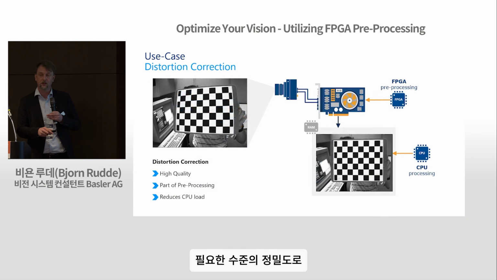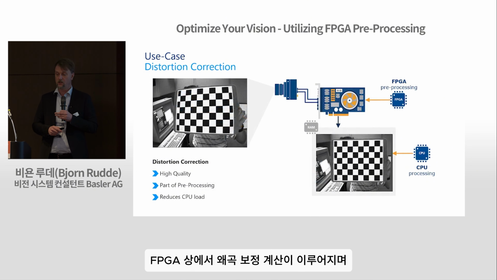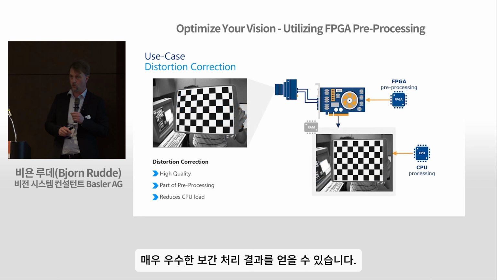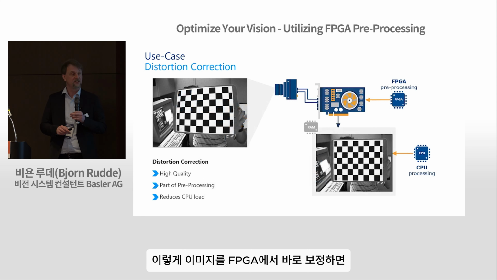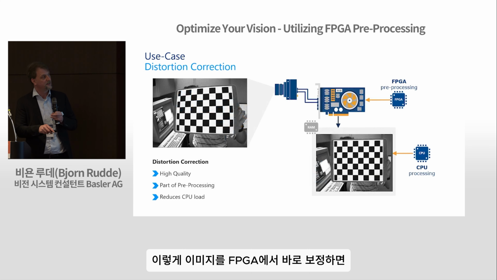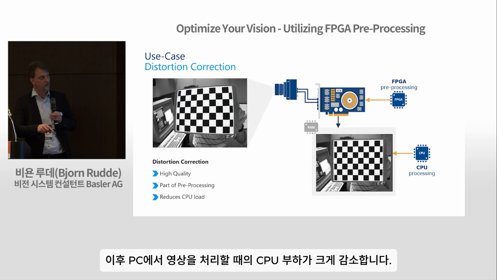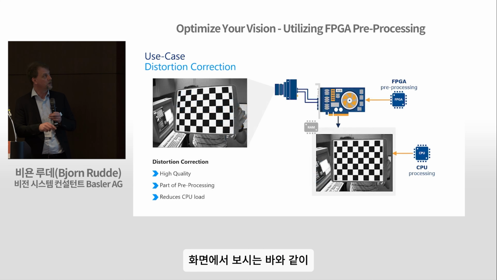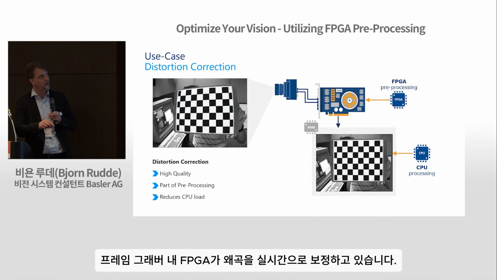The correction is completely calculated in the FPGA on exactly the precision level required with a very good interpolation. And this drastically reduces the CPU load for the further processing of this corrected image. So here you can see the distortion, and this is getting corrected within the frame grabber.